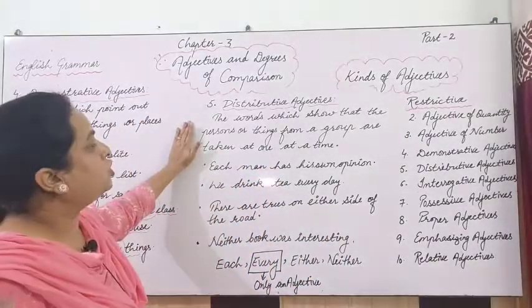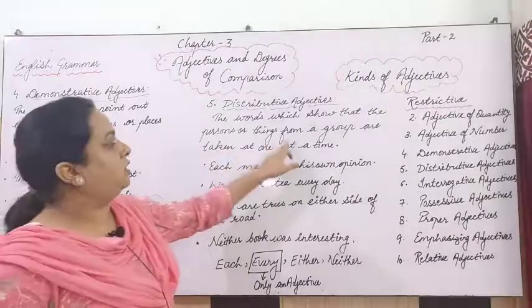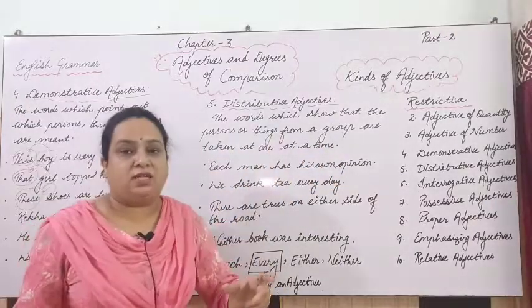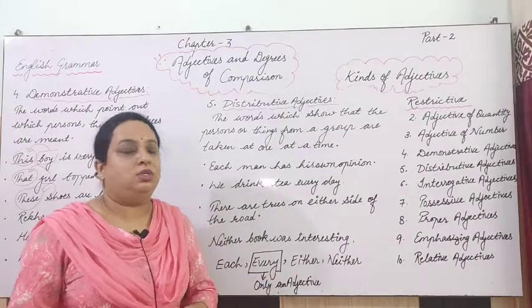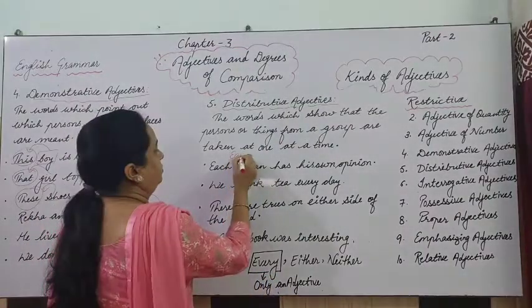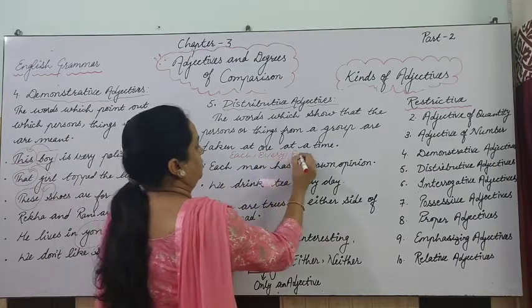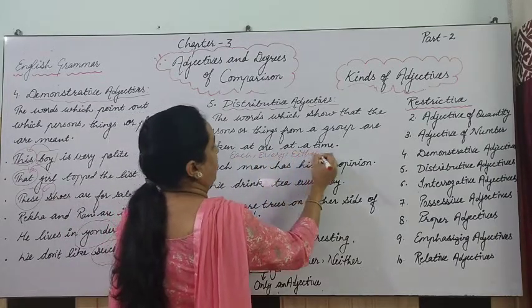The words which show a person or thing from a group taken one at a time, right? So which words are these? Each, every, either, and neither.